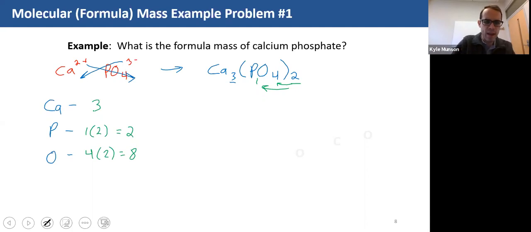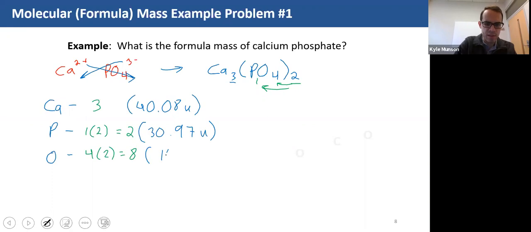So I'm going to write that right next to these numbers here. Calcium, its atomic mass, what I have written down at least, I hope it's right, is 40.08. This is going to be in units of u. Phosphorus, 30.97.